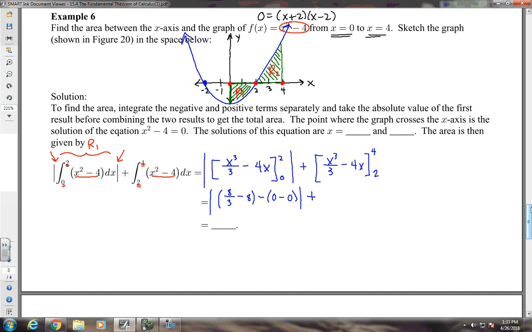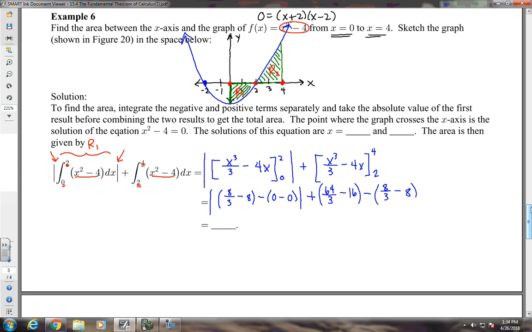Working on applying the fundamental theorem to our second antiderivative, we're going to plug the upper limit 4 in for x. 4 cubed is 64 over 3, and 4 times 4 is 16. There's our upper limit. Let's plug in our lower limit, x equals 2. We'd end up with 8 thirds minus 4 times 2, or 8.